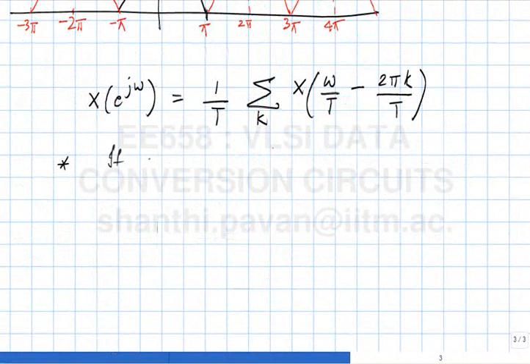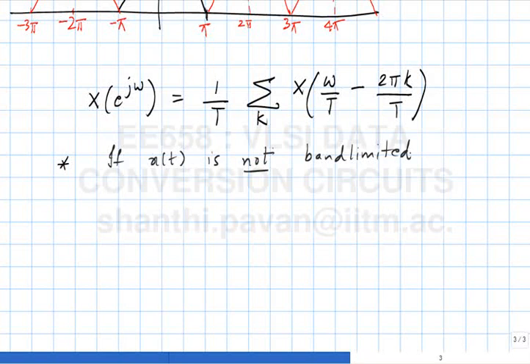If x of t is not band limited, then what can you expect to happen? Once you sample, there will be aliasing.